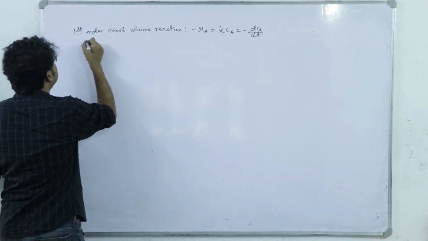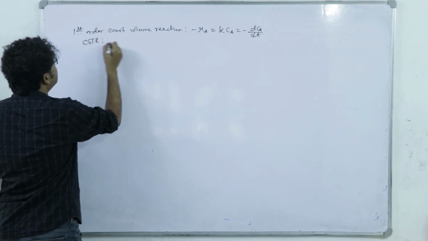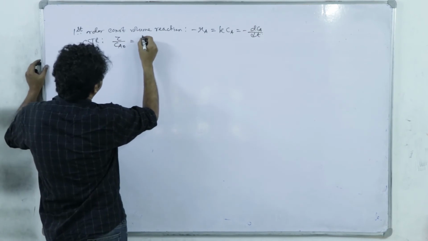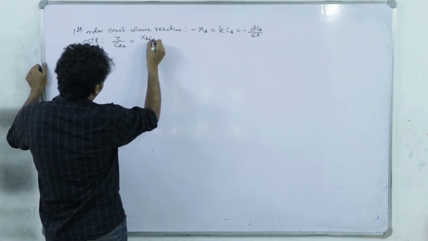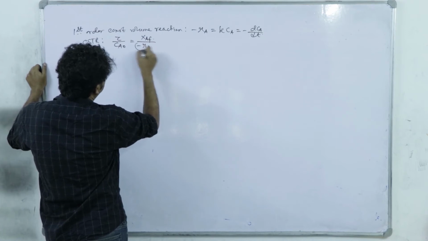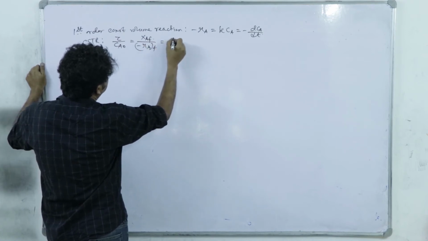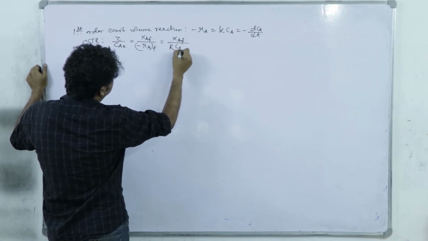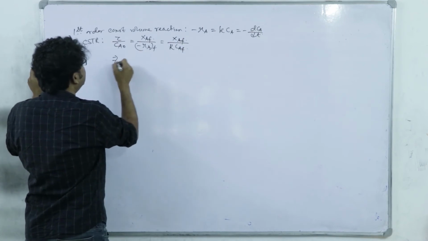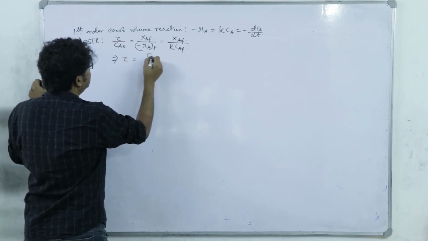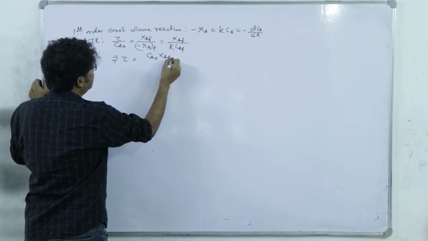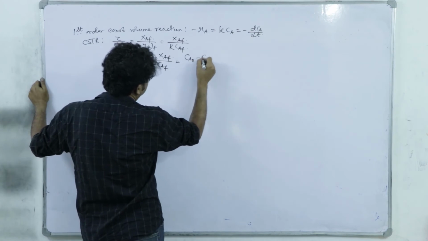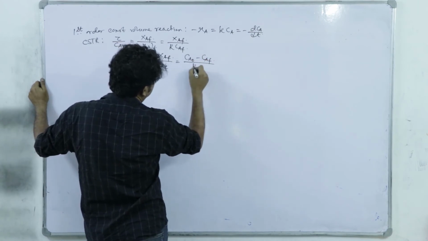So for the CSTR, tau by Ca naught equals Xaf by minus Ra at the exit, which is Xaf by K into Caf. So what you can write is that tau is equal to Ca naught into Xaf by K into Caf, and that is Ca naught minus Caf divided by K into Caf.